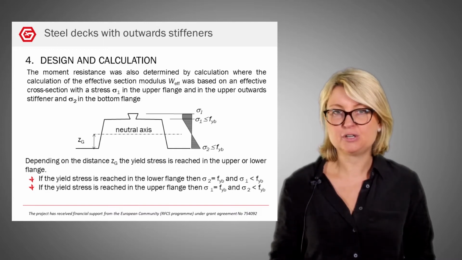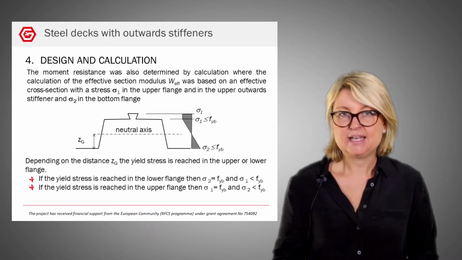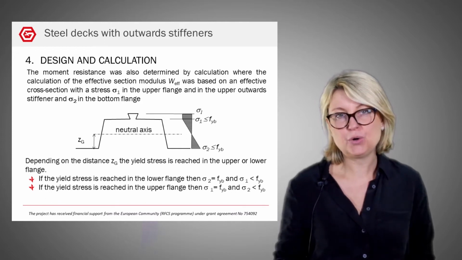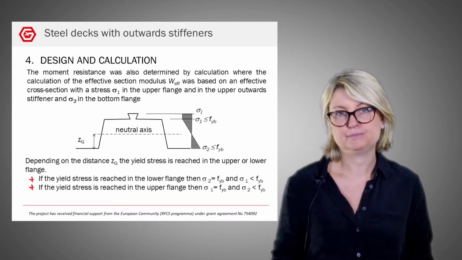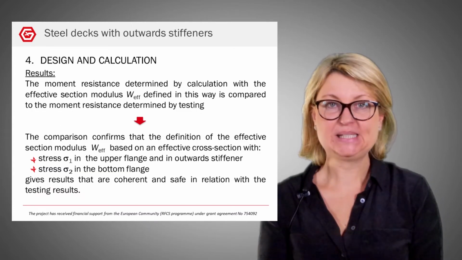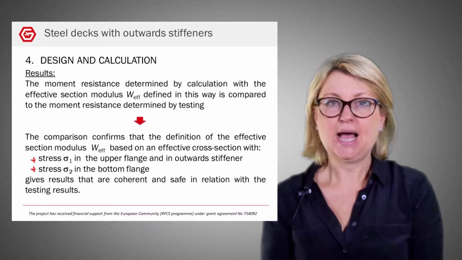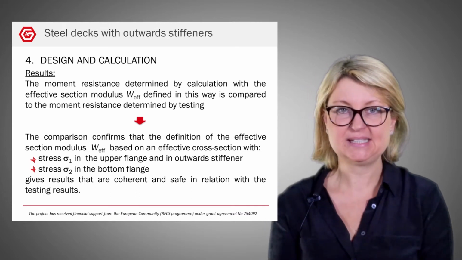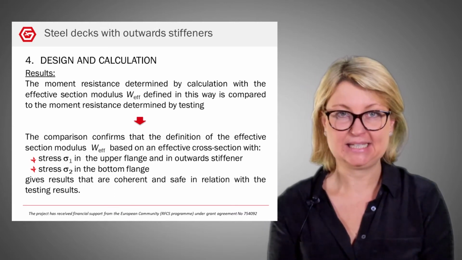Depending on the position of the neutral axis, the yield stress is reached on the upper flange or in the lower flange. Eventually, the moment resistance calculated as defined previously was compared to the moment resistance determined by testing.